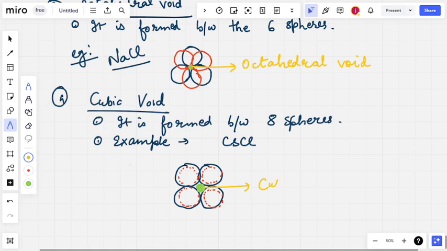I'm sorry, I said octahedral void, but it is the cubic void. So cesium is present in this cubic void and it is surrounded by the chloride ions.